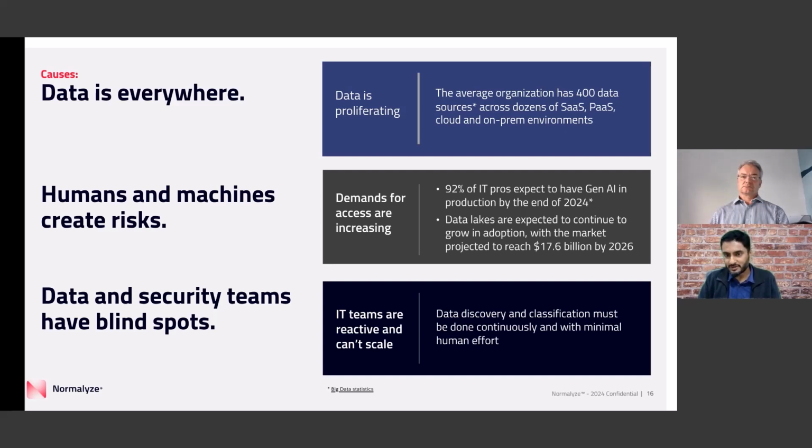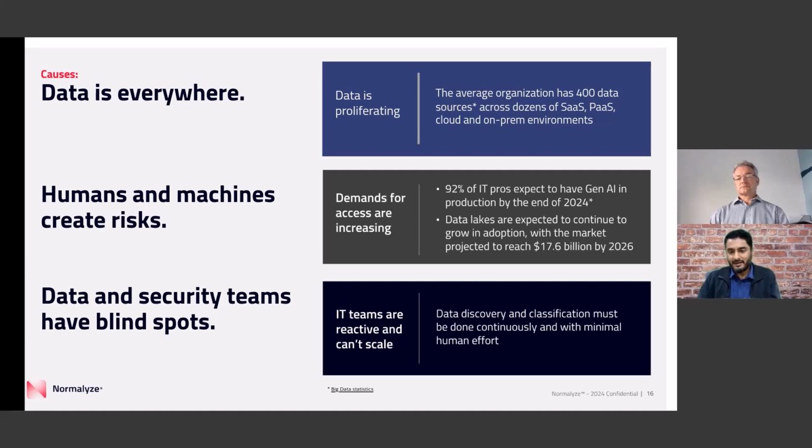And data lakes are expected to continue to grow with a market of about 17 billion. These are huge numbers. That is how much people are spending on the infrastructure to store the data. But if you calculate the value of the data stored on $17.6 billion worth of infrastructure, it goes into trillions, right? That is where all the risk comes in.